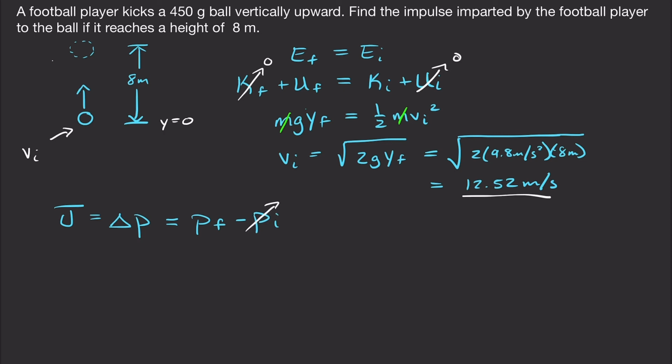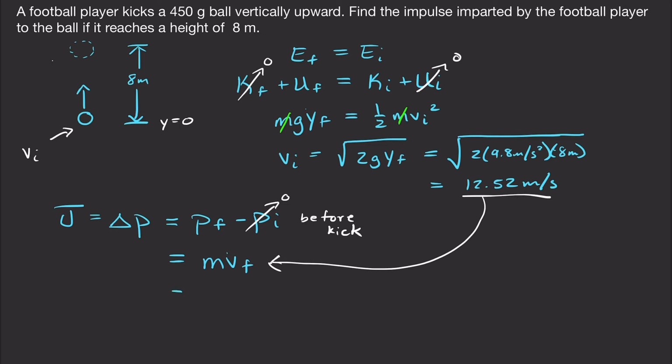Before the kick, the momentum is 0. The ball's not moving. And so the impulse is equal to the mass times the final velocity. The final velocity after the kick was our initial velocity that we found before it went into the air.